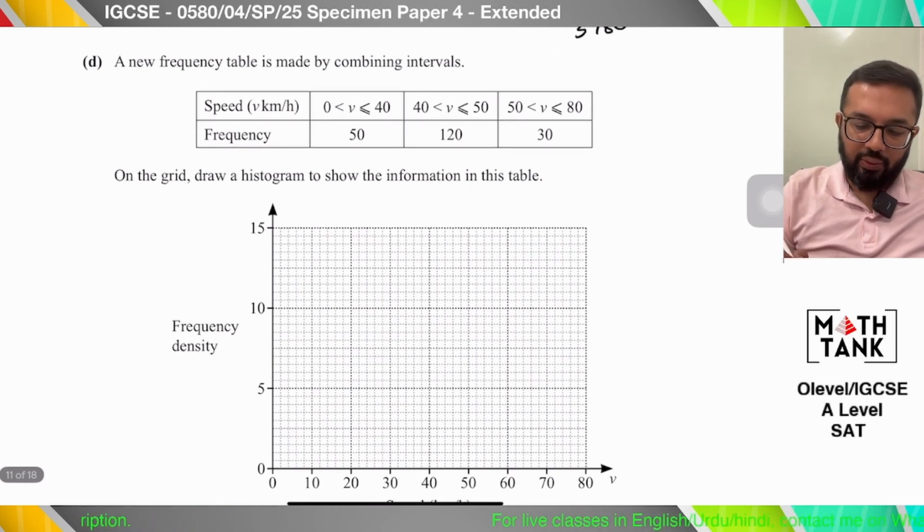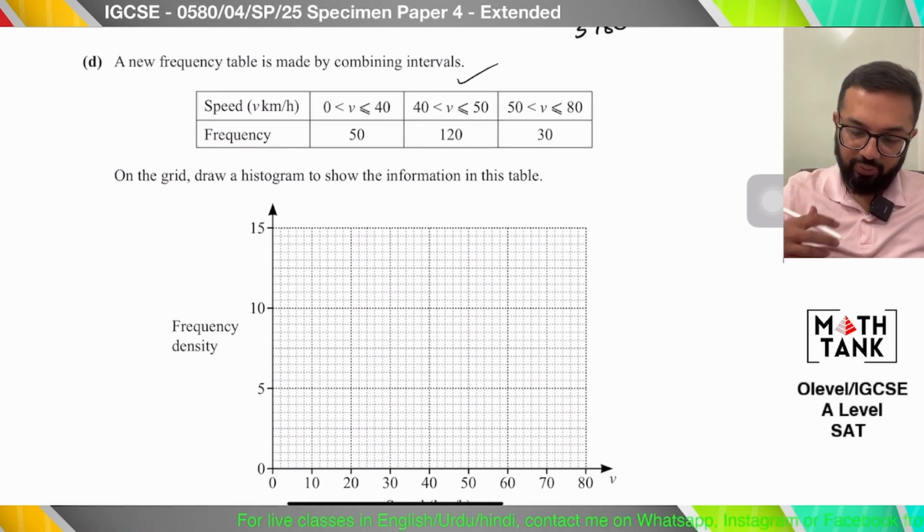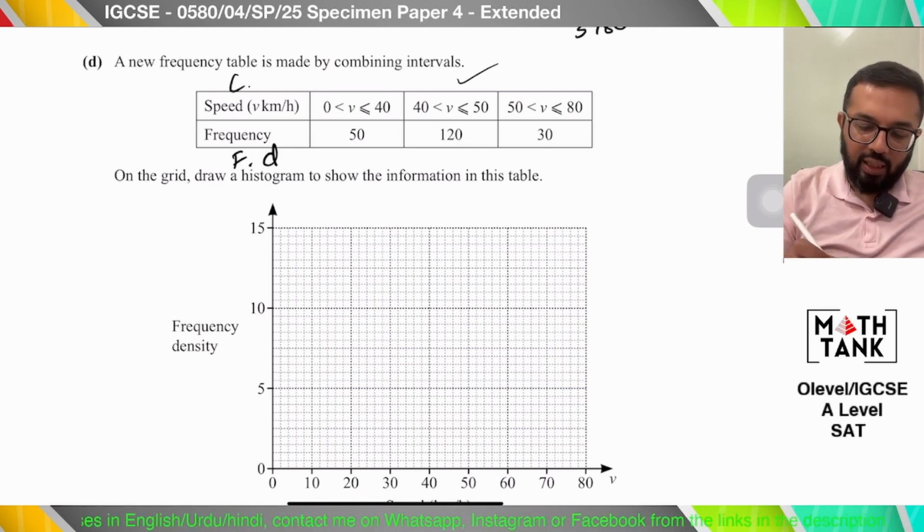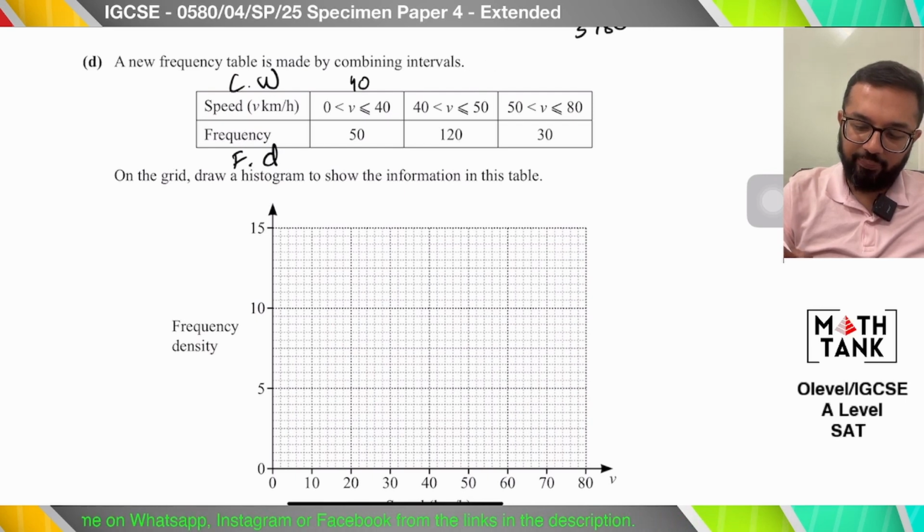Okay, then it says a new frequency table is made by combining intervals on the grid. Draw the histogram. So the histogram requires a frequency density. How do you calculate frequency density? You divide frequency by the class width. And 50 divided by 40 will give me 1.25.